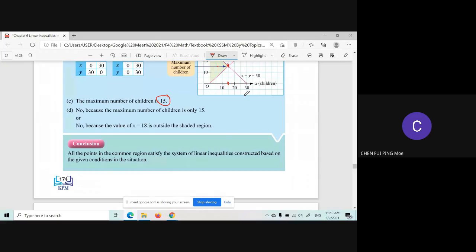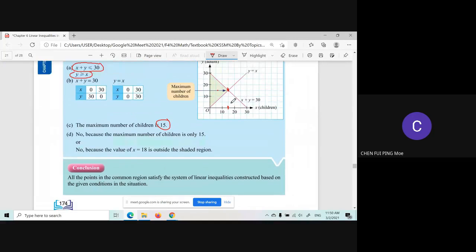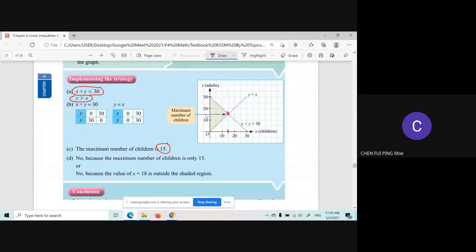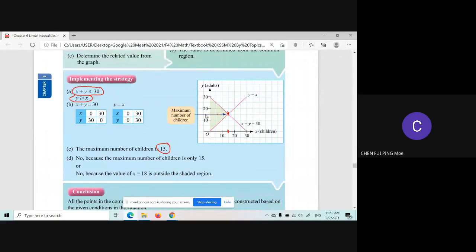So the conclusion that we can make is, whatever problem you solve, all the answers must be within the region. So the answer is found from this region. I have one question to ask you. What happens if this number is not a whole number? What do you need to do?